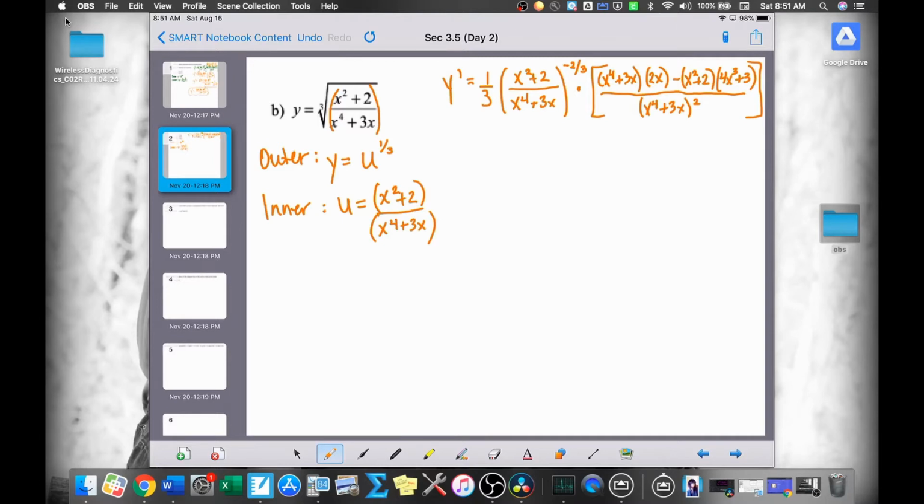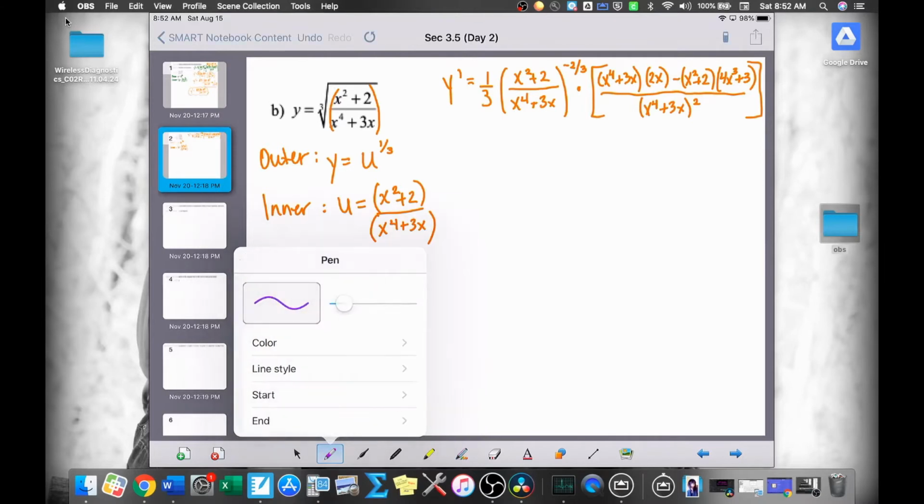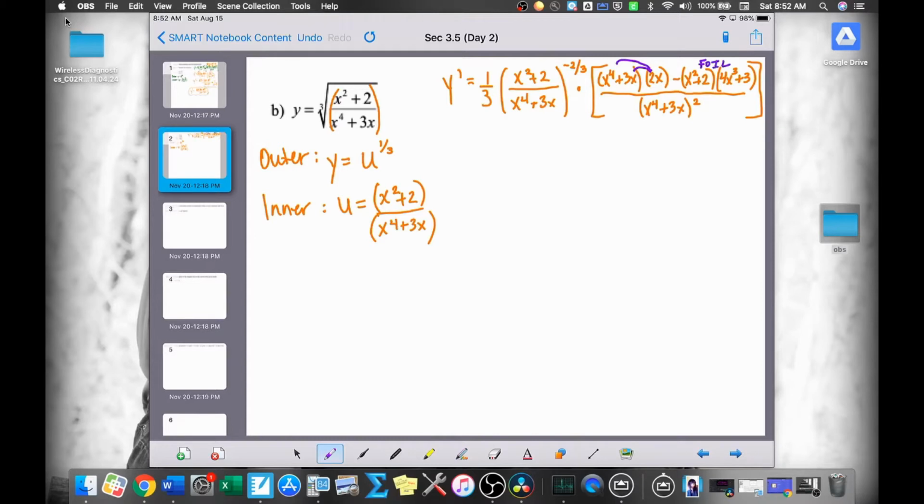However, we do need to practice this type of simplifying because on an AP exam, this may not be an answer option. So you do need to know what this would look like in simplified form. So let's begin with simplifying the quotient rule part of the problem. So we've got some distributive property to do right here. And then we have some foiling to do over here.